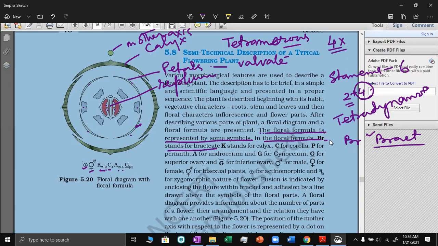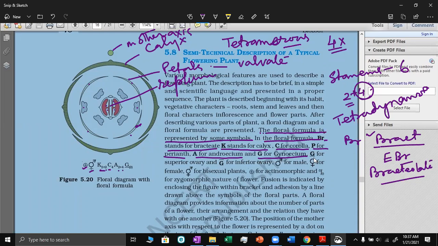If the bract is not there, then we write Ebr. Another structure is bracteolate, that is, if an additional bract is there, then that one is the bracteole. K stands for calyx, C for corolla, P for perianth, A for androecium, and G for gynoecium.